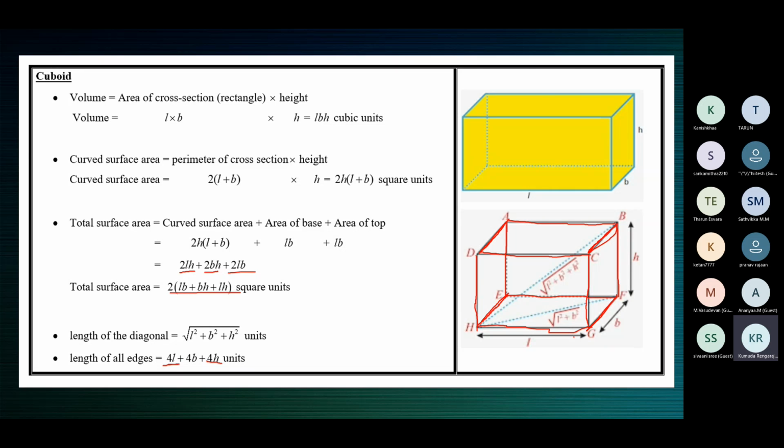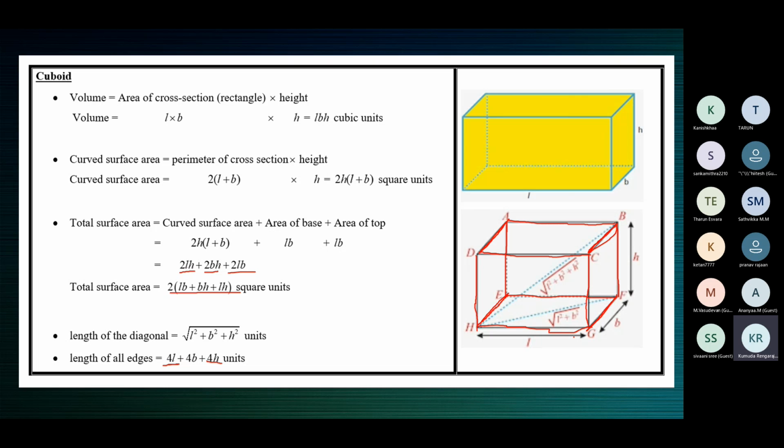So a cuboid also has 12 edges only. But in a cube, all the edges have the same length, A units. While in a cuboid, we have 4 edges along the length, so 4L, 4 edges along the breadth, 4B, 4 edges along the height, so 4H.